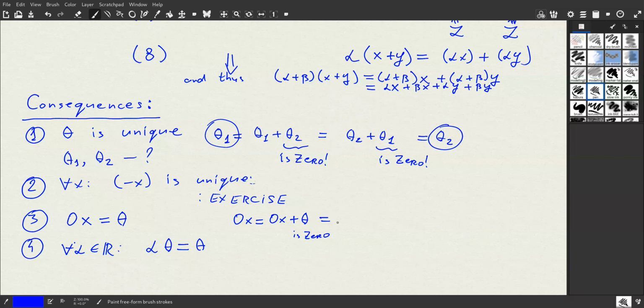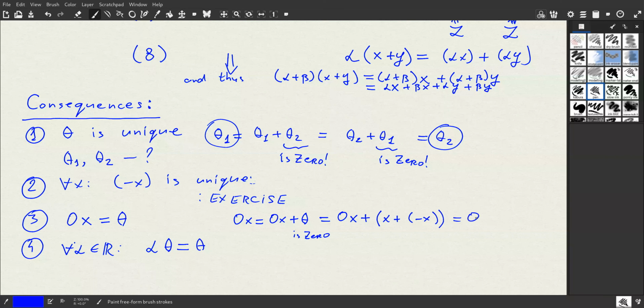Now, theta can be represented as x plus minus x by one of our axioms: there exists minus x such that x plus minus x is 0.